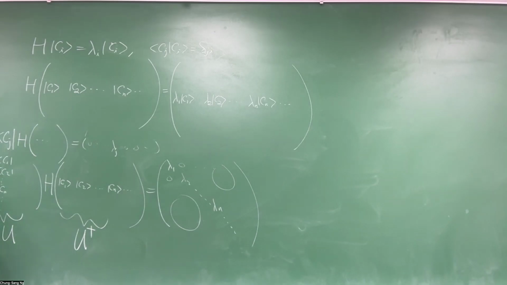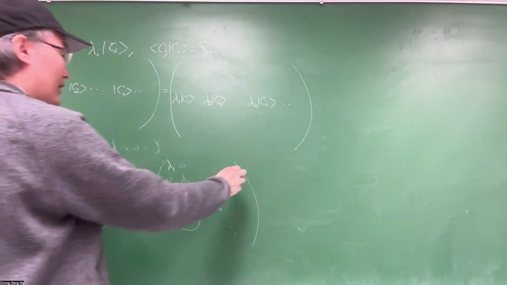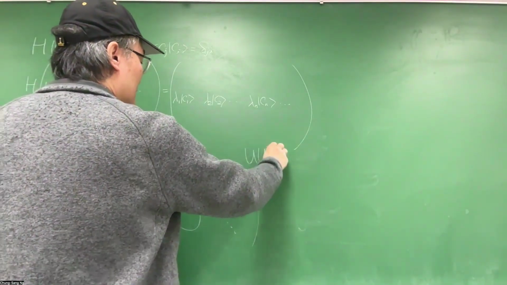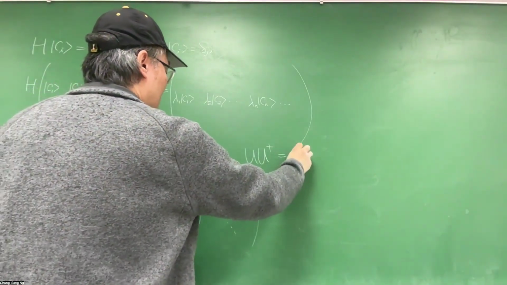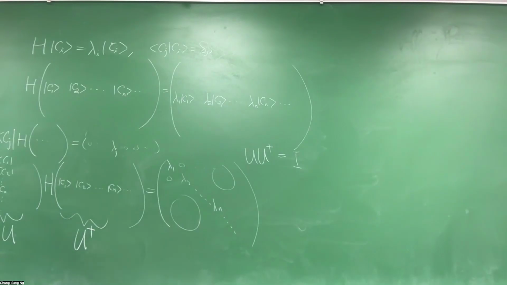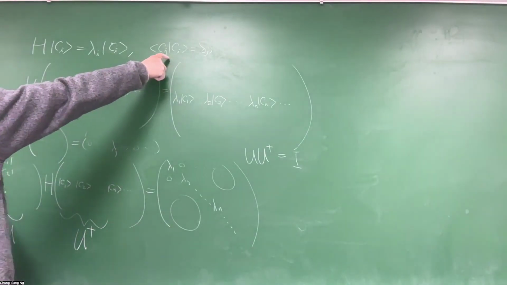But you realize that U and U dagger will form like that. U and U dagger is just an identity matrix, because this matrix multiplied by this matrix will give you just a diagonal matrix with all 1, right? Because of this relationship.